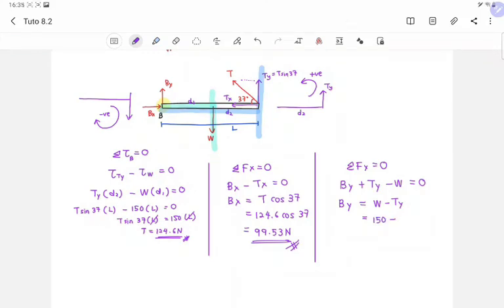So Ty is 124.6 sine 37, 74.986. So By is equal to 75.01 Newton. Okay, so we've got all the answers.